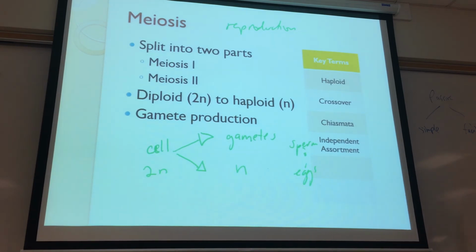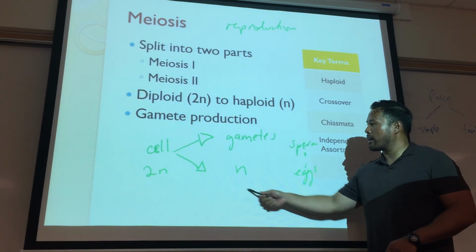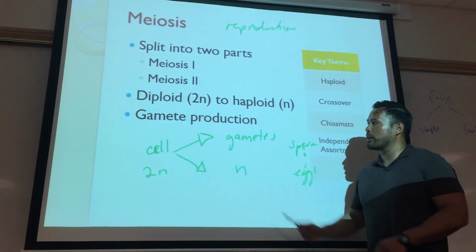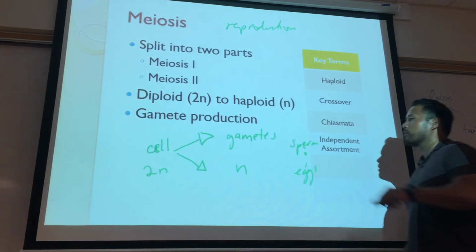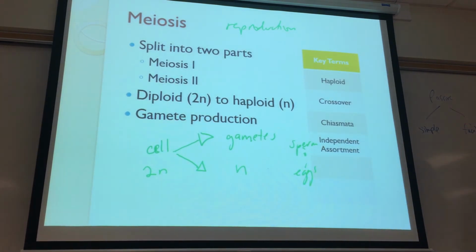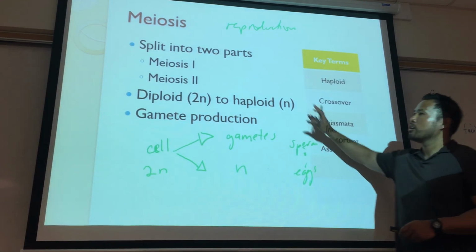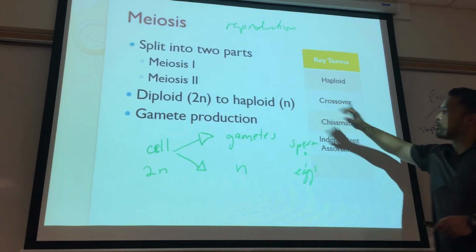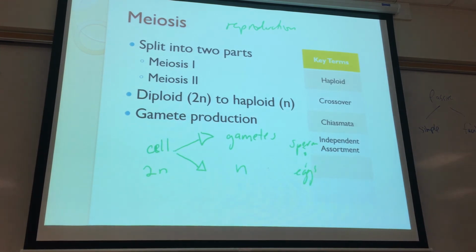These are the gametes that we're turning normal cells back into, to be used in reproduction. So in this process, we divide twice. There's some key terms on here: haploids, crossover, chiasmata, and independent assortment.